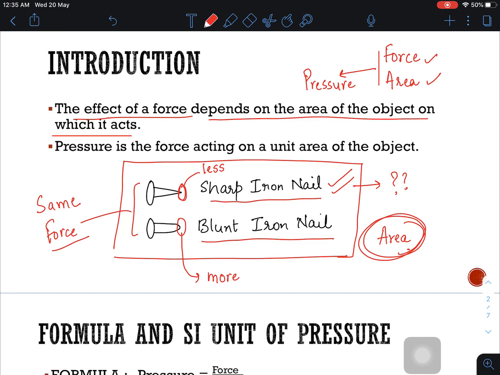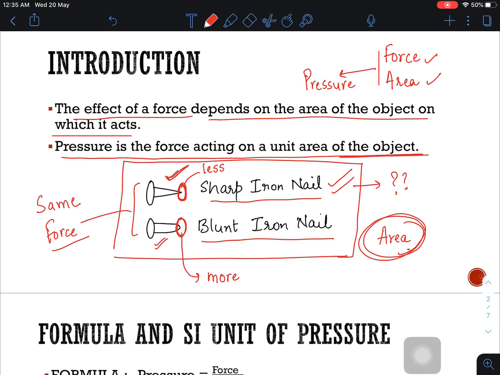It will act on the wall, and the area of the wall is accounted here. With the sharp nail, only this much area of the wall will be in contact with the nail. With the blunt iron nail, more area will be in contact with the wall.